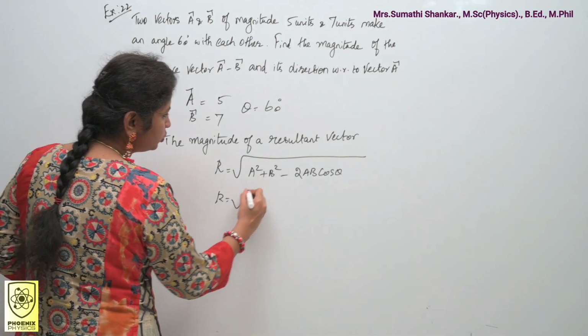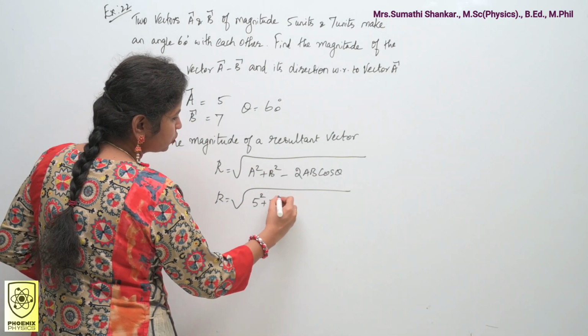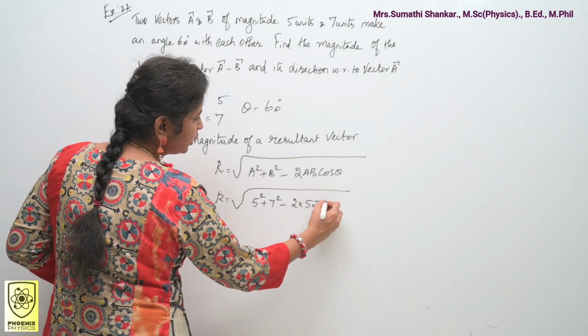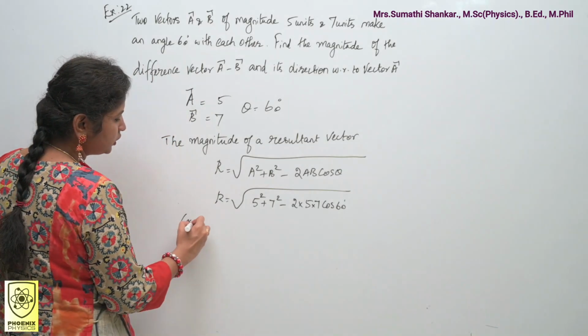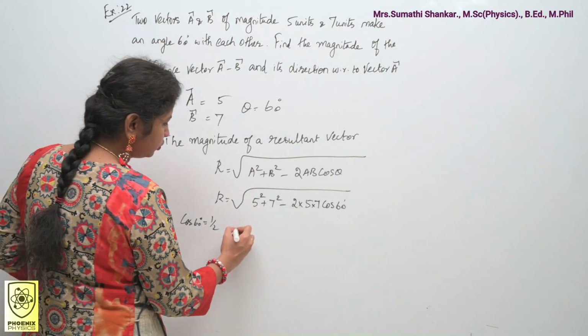R is equal to root of 5 square plus 7 square minus 2 into 5 into 7 cos 60 degree. What is cos 60 degree? That is 1 by 2. Substitute the value.